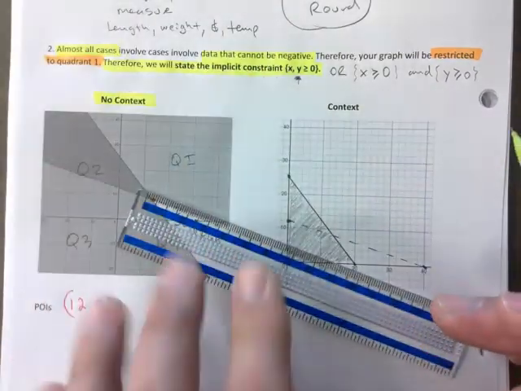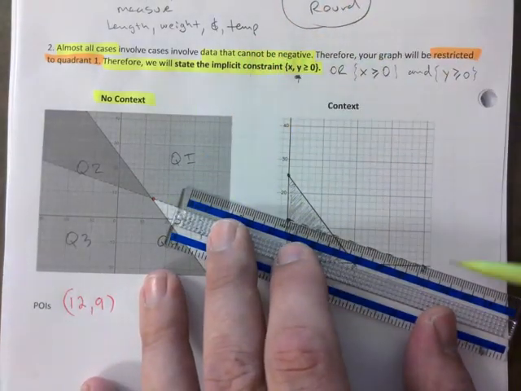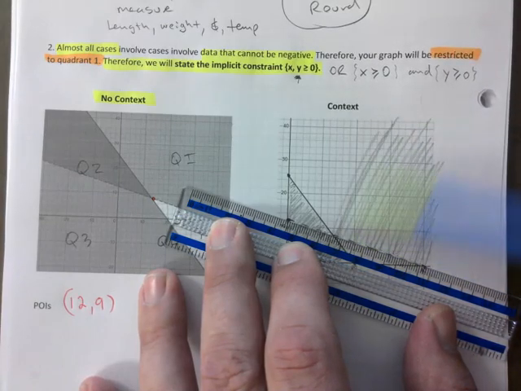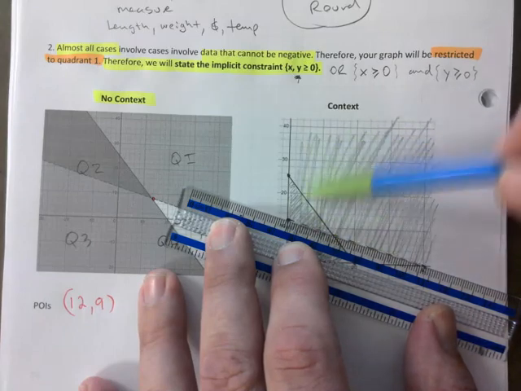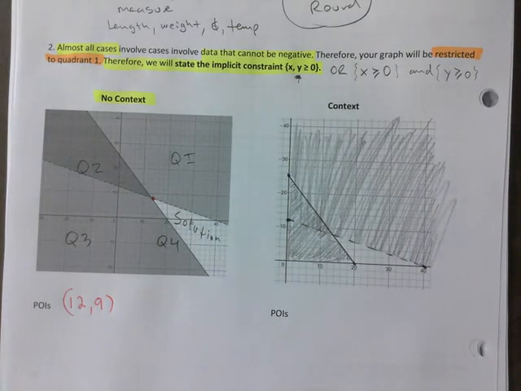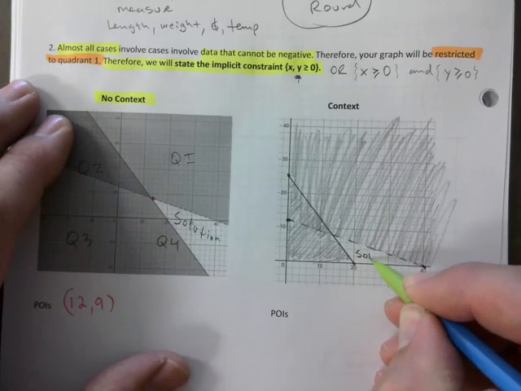And the other one, the dashed line, this one, you're above that line. Okay, so here we shade everything above it. And just stay in that quadrant, right? So in this case, my solution region is right there.